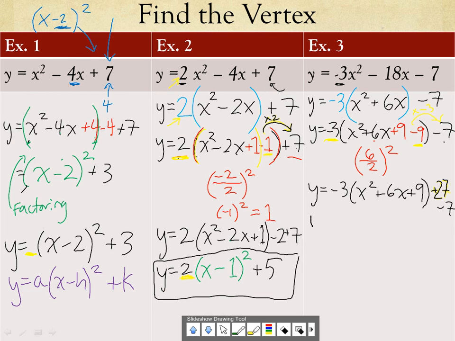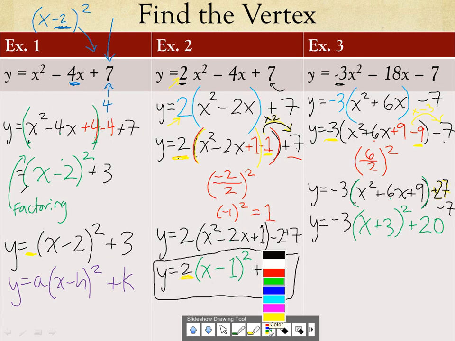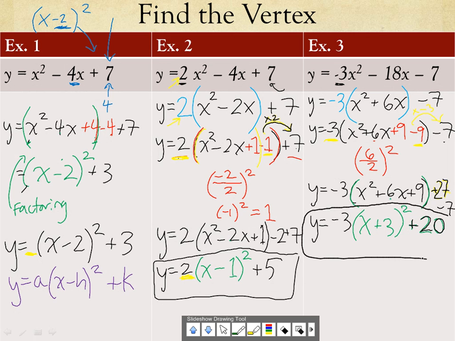Okay, so that leaves us with y equals -3. And then, since this is our nice perfect square, we're going to factor it down, and it's always going to be x and then half of this number, so (x plus 3) squared. And then 27 minus 7 is 20. And we're done. That is vertex form.